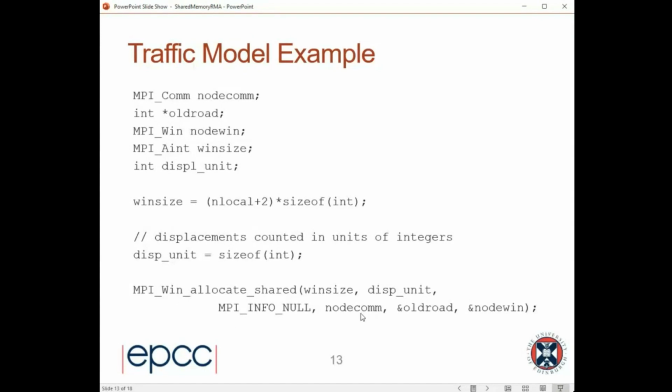Disp unit is integers. Node comm is, assuming I pre-created that. Old road gives me back the pointer. That's where the allocated storage goes. And node win sets up the window. And for this shared memory access, we actually will just directly read and write to the old road array rather than accessing it via the window through puts and gets. You have the choice.